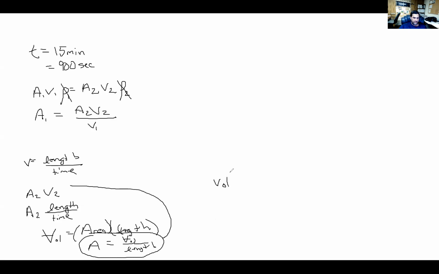I have some volume per length, so this A is this A. And then my velocity is some length per time.